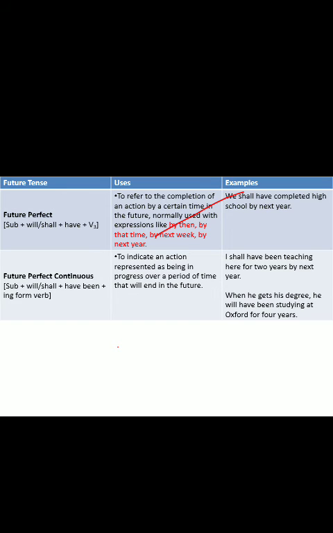For example, the completed action can be expressed in present perfect tense as well as past indefinite tense.